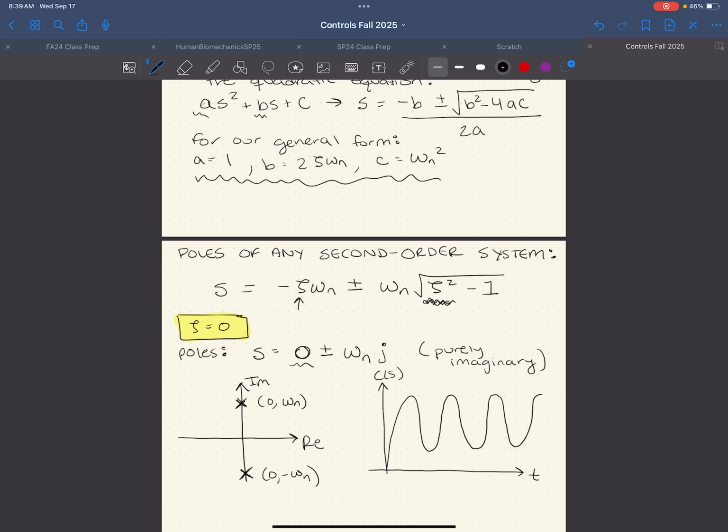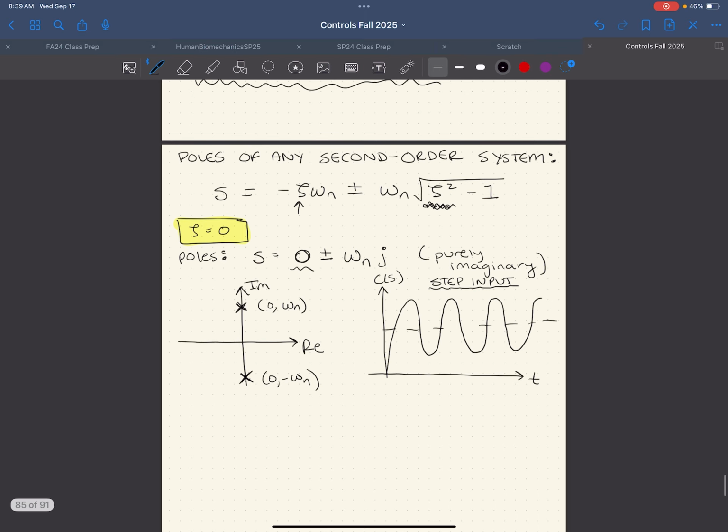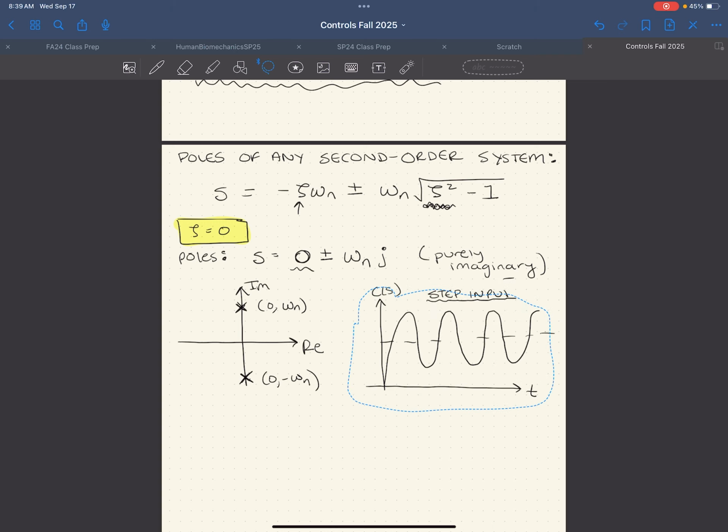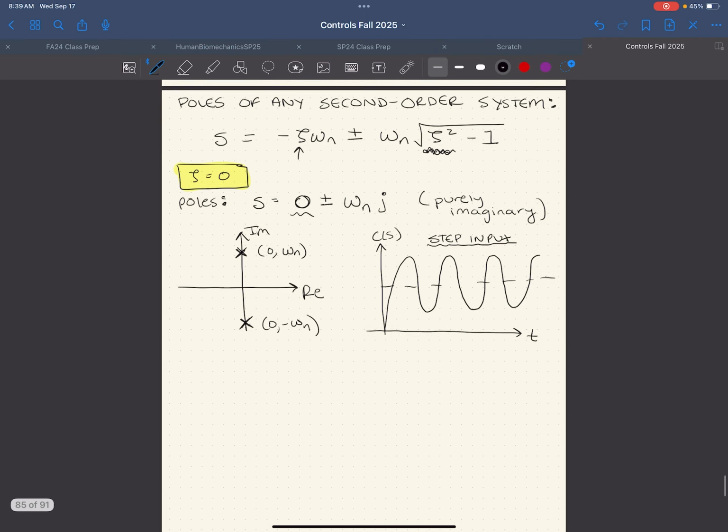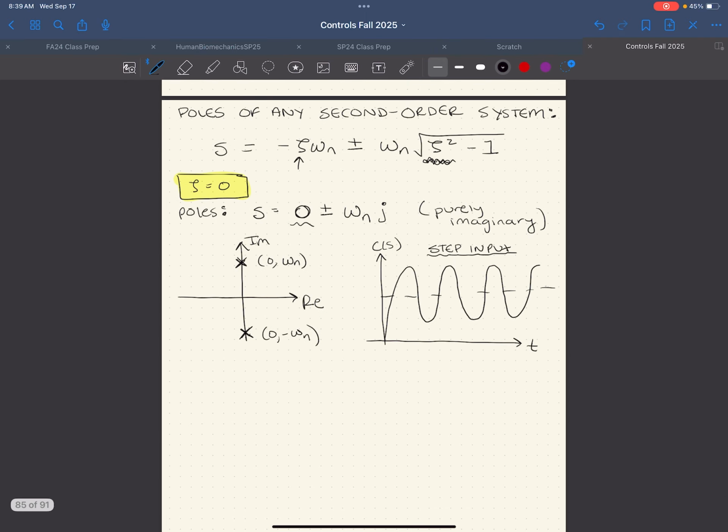These are oscillations that don't damp out at all. And of course, I'm talking here about a step input response. Just like we did for first order, we're going to be talking about the step input response to these particular cases. Okay, so we oscillate and oscillate and oscillate, and nothing ever changes to these oscillations.